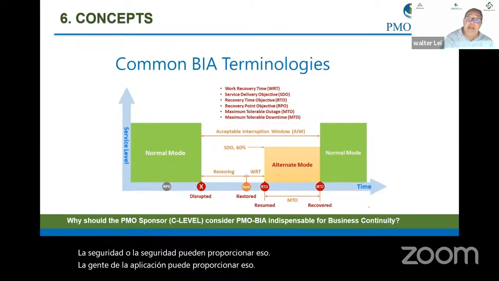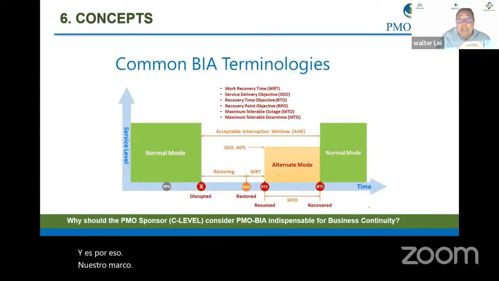And that's why our framework has the template for the PMO-BIA, a place to have it, and we should store that information. So we will recall all this in the module.